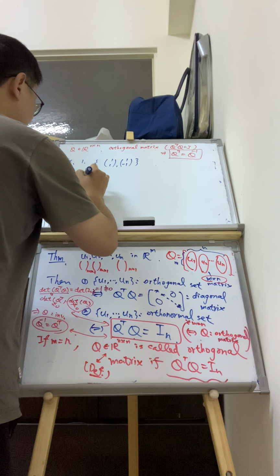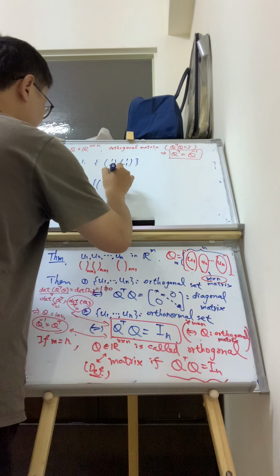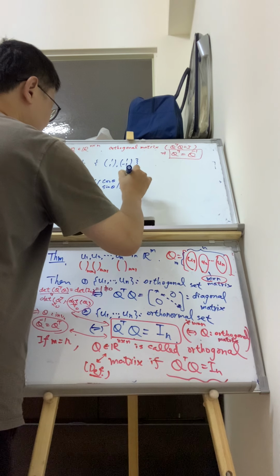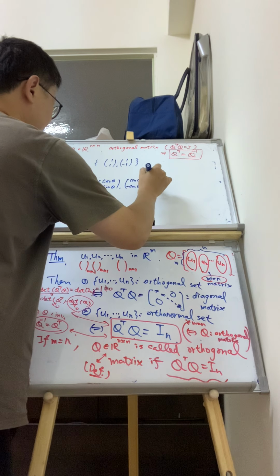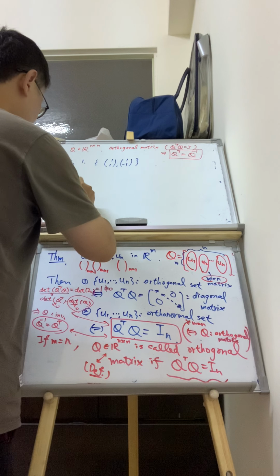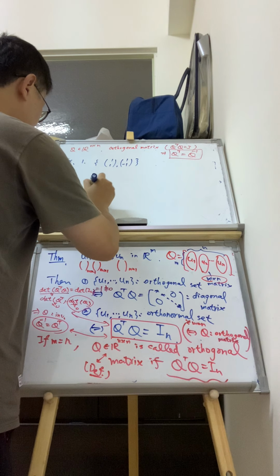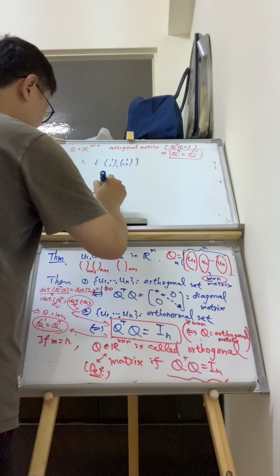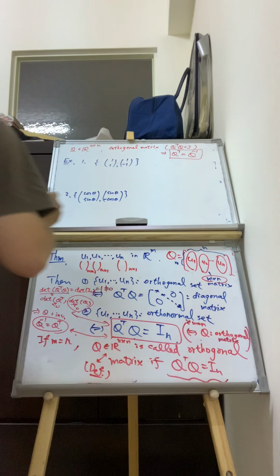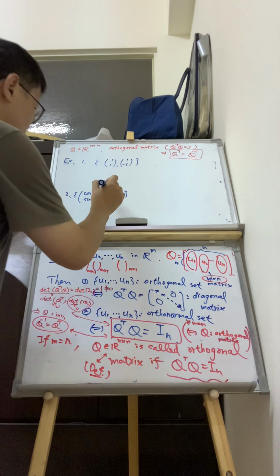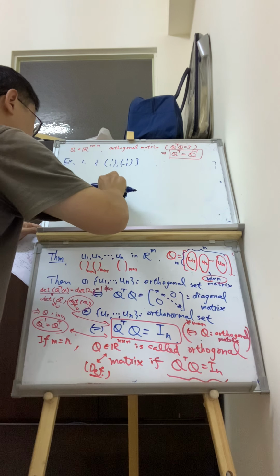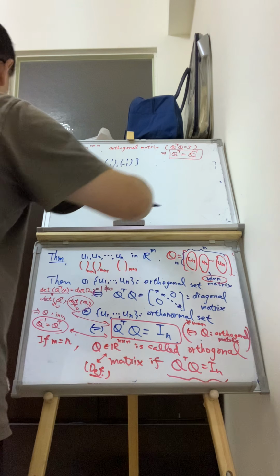And second one, cosine theta, sine theta, sine theta, negative cosine theta. Or you could let the sine be here. That's fine. Just choose one of them to be negative.